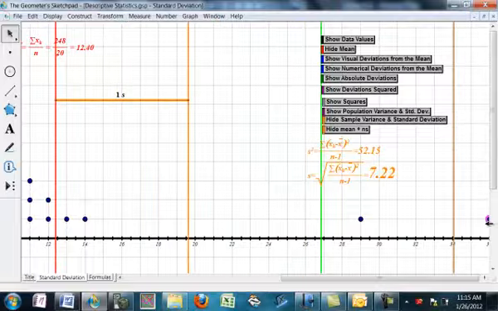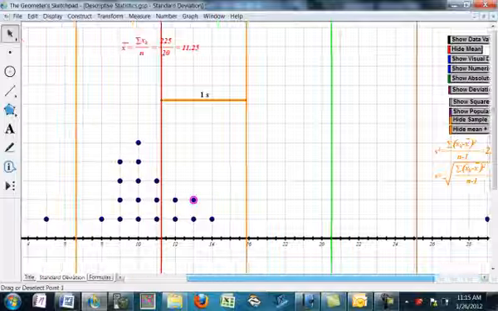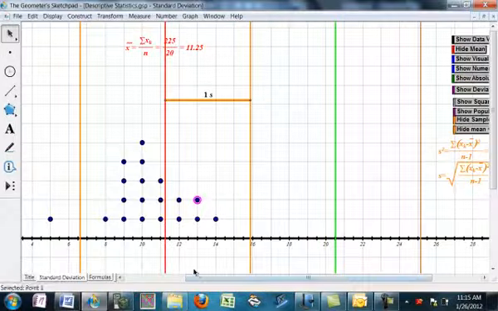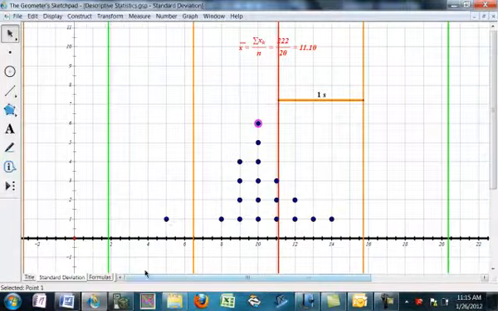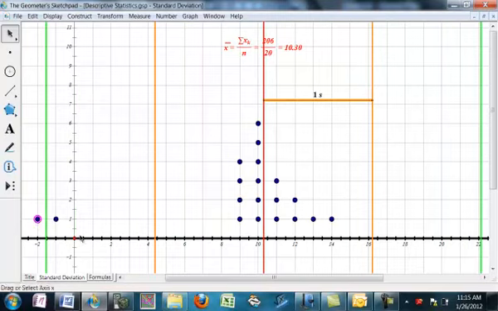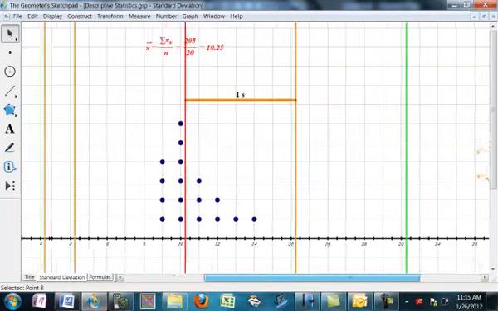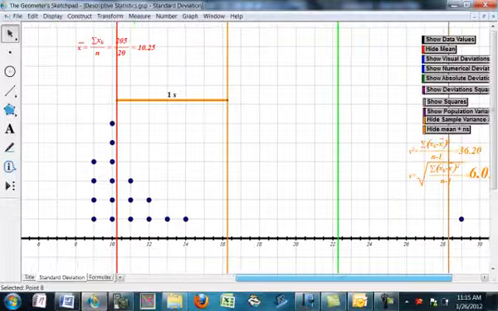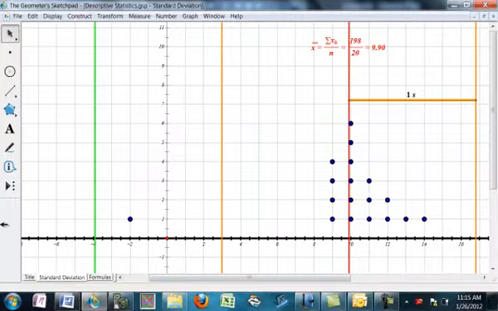See, it makes that standard deviation a lot bigger as well. What if I bring one way out here? Can I get even more out here? Let's see. There we've got 3 outside of 2 standard deviations. Can we bring it all the way outside 3?